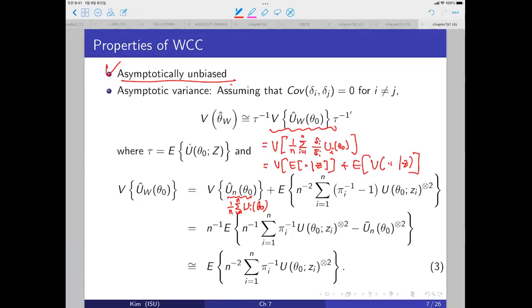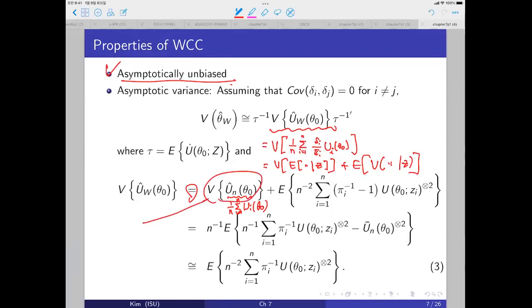So pi_i (1 minus pi_i) divided by pi_i squared, which is this guy. Okay, and then u_i and u_i prime, which is this. So that basically proves the first part.